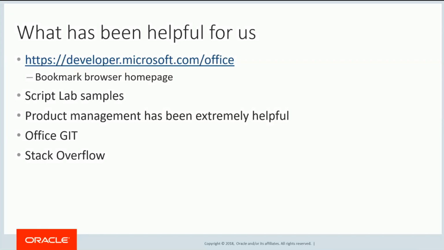What has been helpful for us: one is the URL we provided here, developer.microsoft.com/office. I would recommend you bookmark this one. Script Lab has been greatly helpful for us. We have also worked closely with the product management team, and they were extremely helpful, guiding us and providing the right information and sample code.